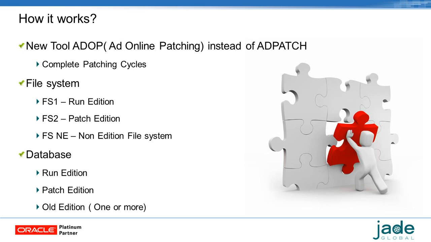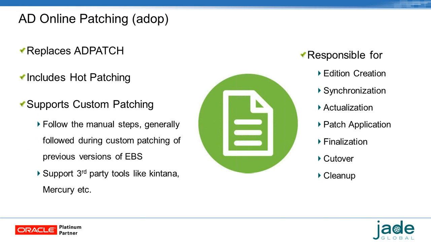There can exist one or more old editions. Not necessarily do you have to have these old editions, but if you're not doing proper cleanup of your database, then a couple more editions may exist. So let's take a look in more detail at each of these. First is, as I said, AD Online Patching, ADOP.